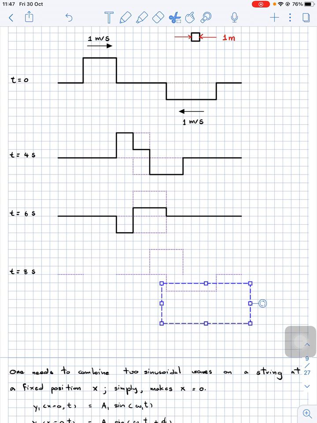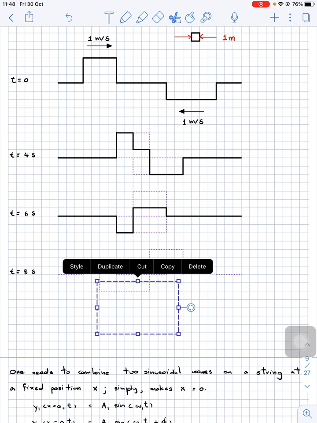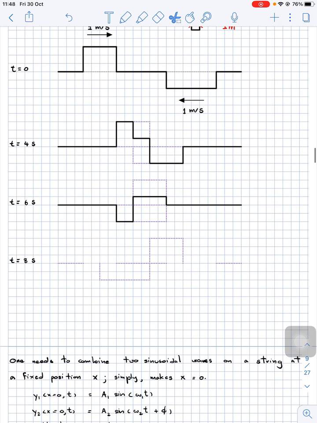And this one moves to the left: 1, 2, 3, 4, 5, 6, 7 and 8. Let's see, it's going to look something like this.